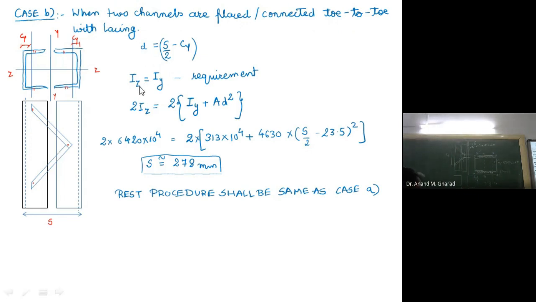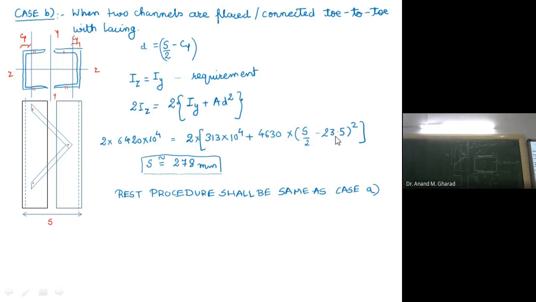So again, in order to develop a built-up section, this formulation is important. That is, the moment of inertia about both the axes should be same. What we are doing is enhancing the radius of gyration about the minor axis. For that, we are equating both the moment of inertia values, and then you substitute that value of D, S by 2 minus Cy.